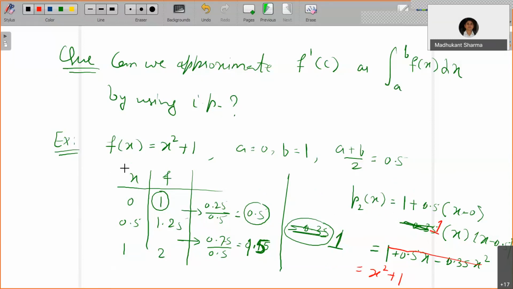Okay, but we require some general procedure to approximate the value of a function and its derivative.